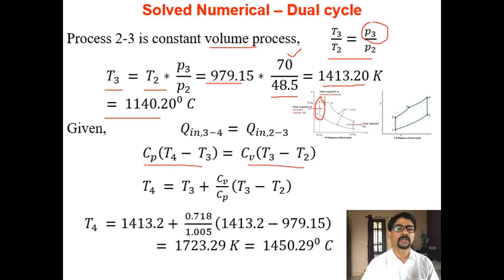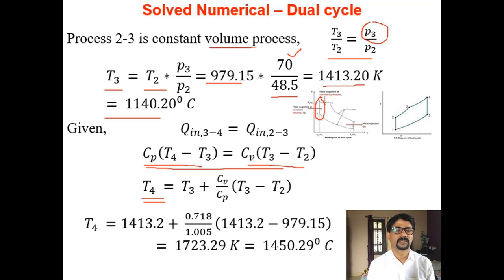You want T4, because in this line the only unknown is T4. So better you always write an expression for T4 in terms of other variables. Not only this formula, any other formula, that is my suggestion, because later your substitution and simplification becomes easier, since you are finding T4 directly. So T3 plus Cv by Cp into T3 minus T2.